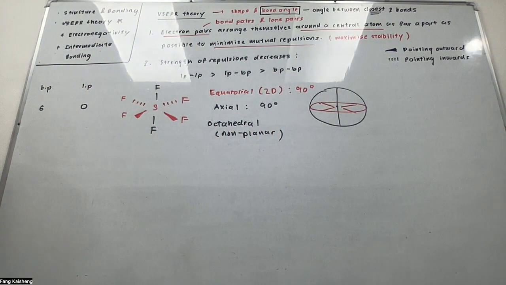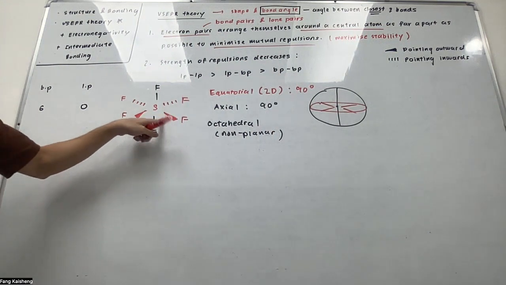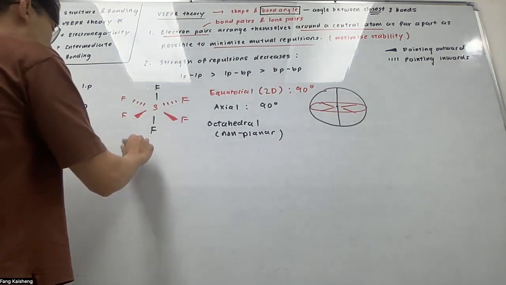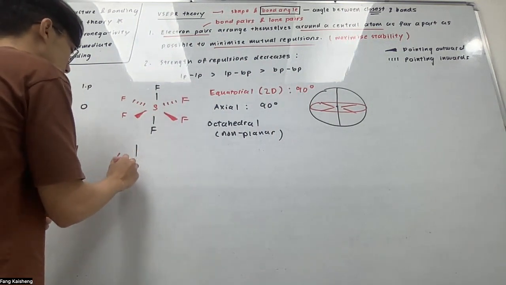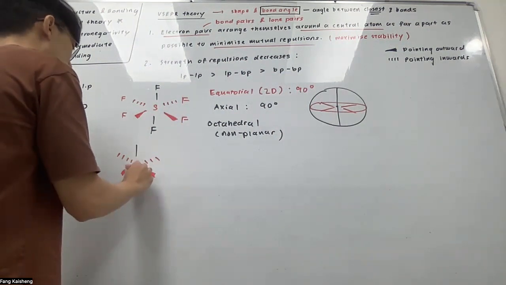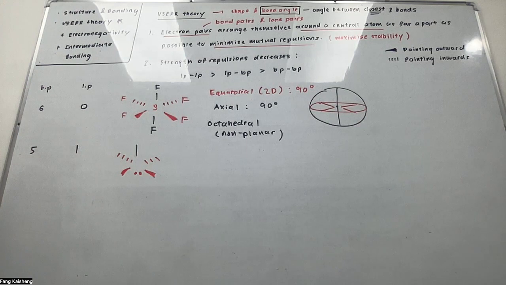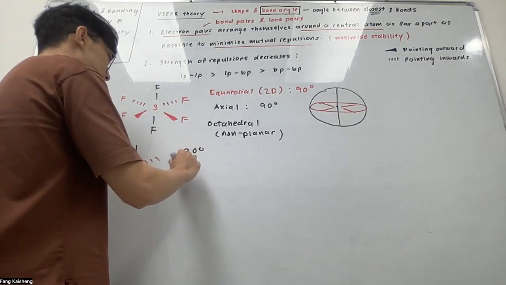Then let's move on to 5-1 very quickly. For 5-1, all you need to do here is to get rid of the south pole. So remove the south pole and you only have the north pole. Then there's a lone pair over here. There's nothing much here. Without the south pole, it's still 90 degrees.